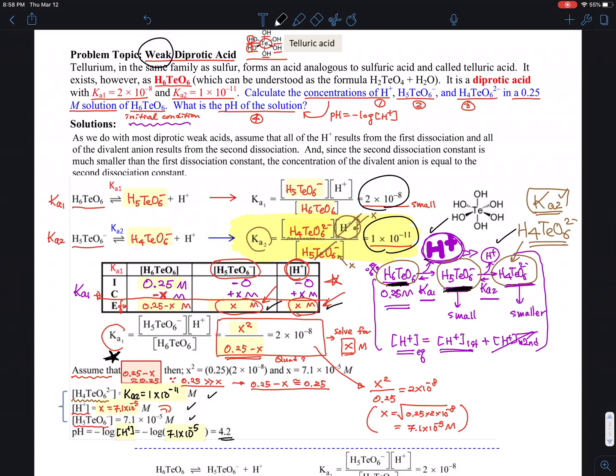And also this assumption that the proton concentration in equilibrium is dominated by the first ionization, and that's the concept that we use to find the value for the second conjugate base here.